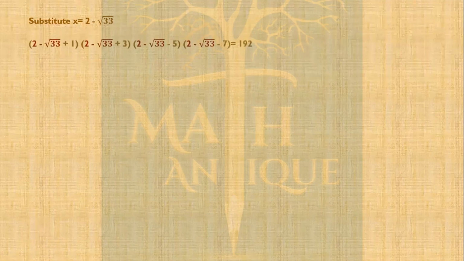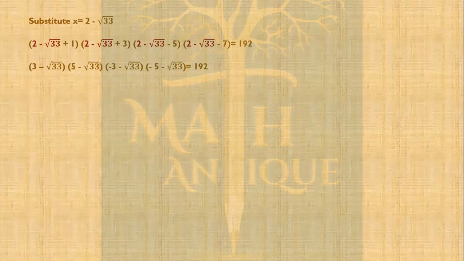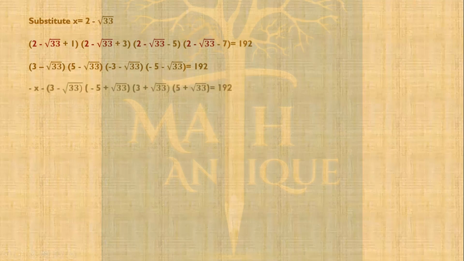After substituting the value, you can see, again after simplification, 3, and we can interchange the places. So you will get this. We will take negative sign common from this because both terms are negative in these two.